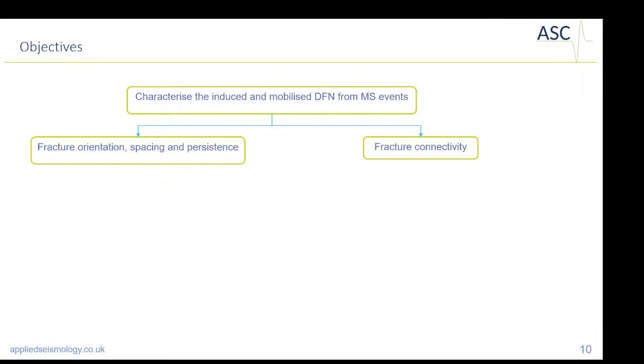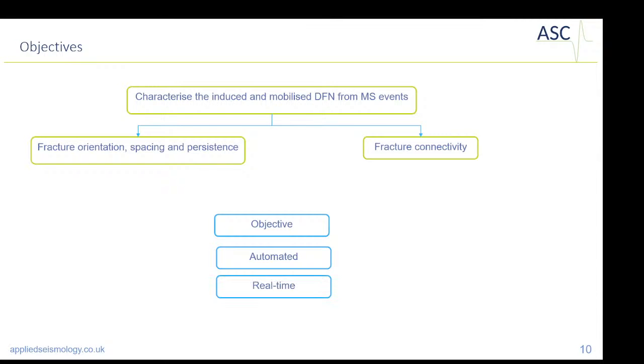We want to enhance the permeability of the reservoir, and therefore very valuable information is the connectivity between these induced fractures. And this calculation has to be objective, not depending on the operator, if possible automated, and if possible performed in real time, so that we get feedback immediately after the recording of our seismicity.